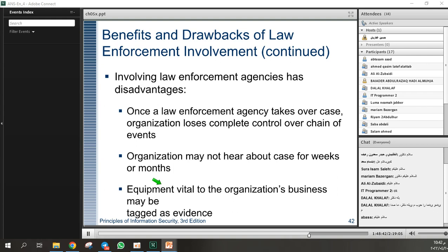Nobody can enter because it's evidence. But what will happen? My vital equipment for my business is inside this place, and this place is closed by the police. I cannot enter and use that equipment. What should I do? It's a disadvantage.